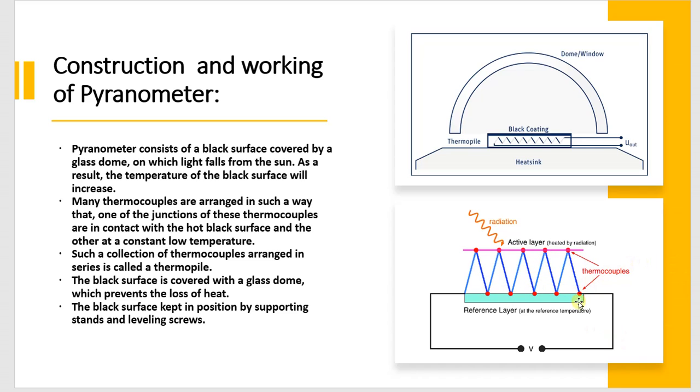When more light is falling on this black coating, more temperature difference will be produced here, and more current will be formed. So by measuring the current, we can indirectly get an idea about the intensity of light falling on this black coating.